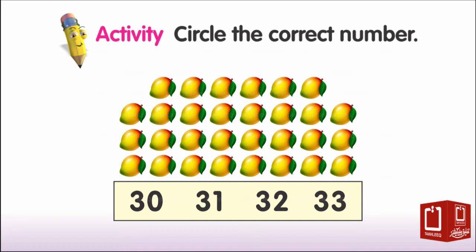These are 30 objects. Now we find out 30 from the given numbers. 30. Yes, this is 30. So we shall circle it.